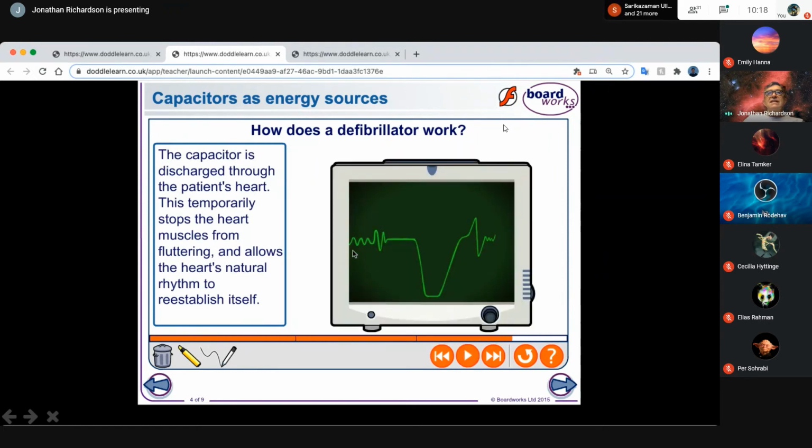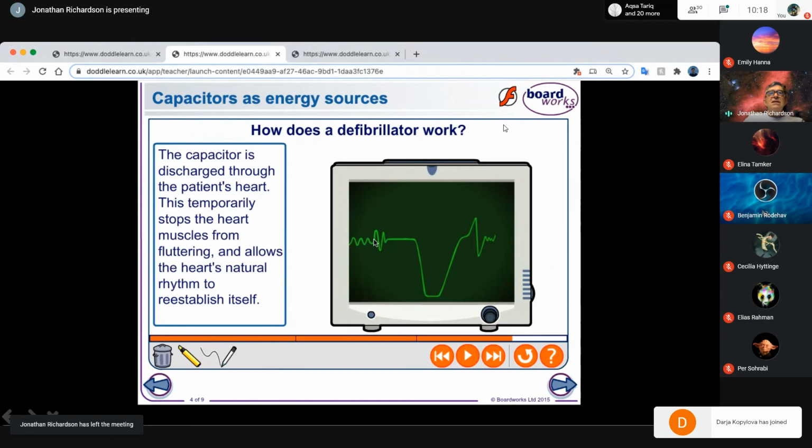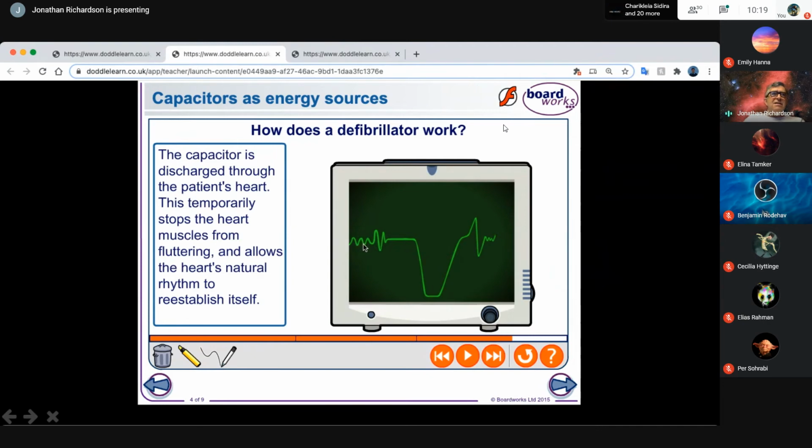You see just here in this diagram, what has happened is that the person's heart is fluttering. It's not doing a complete rhythm like this, but I think the technical term is a fibrillation.